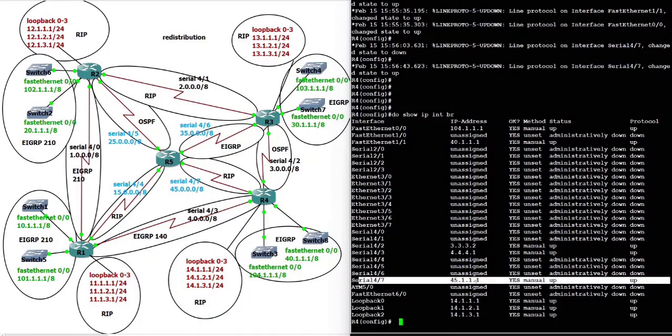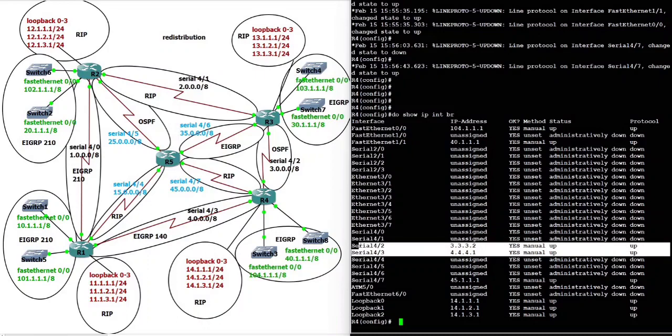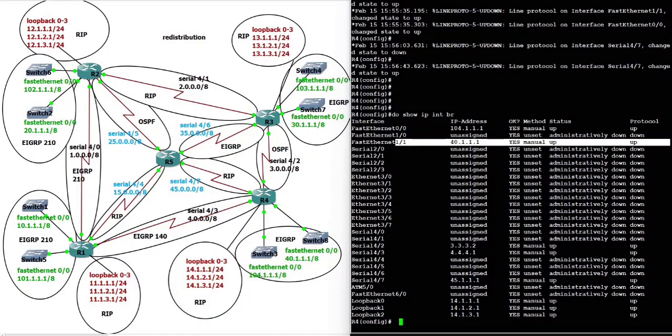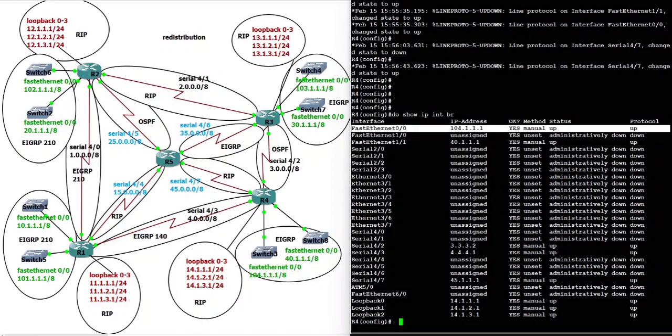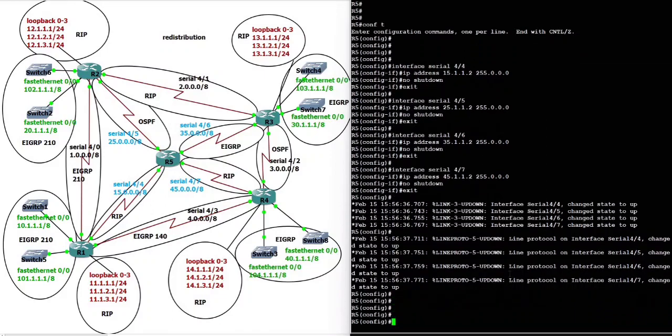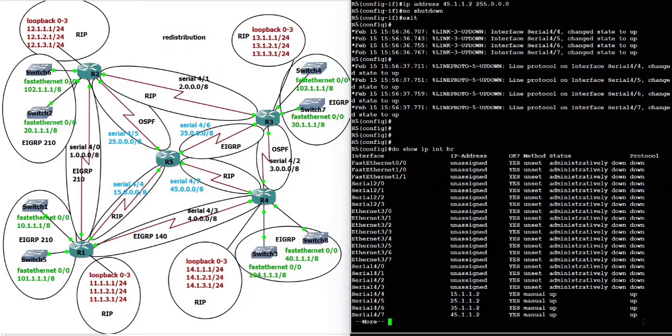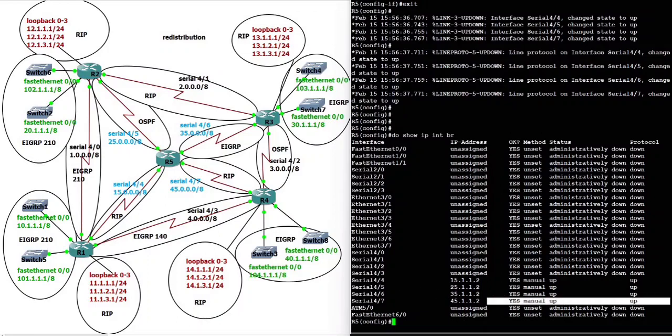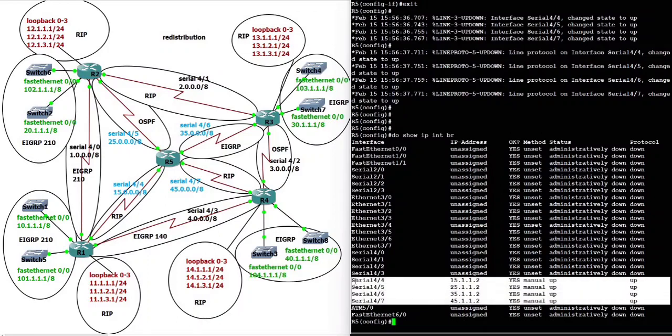Serial 4/7, 45 network connected with router 5. Serial 4/3 and 4/2, fastnet. Okay, show IP. Here we have four serial interfaces, 15 dot, 25 dot, 35 dot, 45 dot network. Protocol is up, status is up.